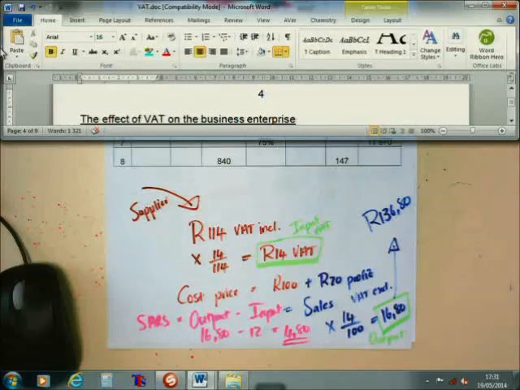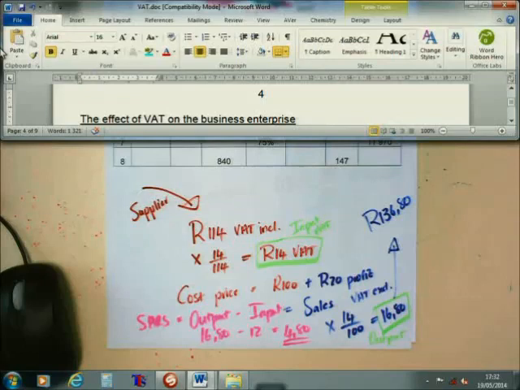Okay, listen. If you bought something and you pay that 14 Rand VAT, you pay input tax on something that you bought. Then you add your profit and you sold it, and that 16 Rand 80 is output tax you receive on your sales because the goods go out. That's output tax.